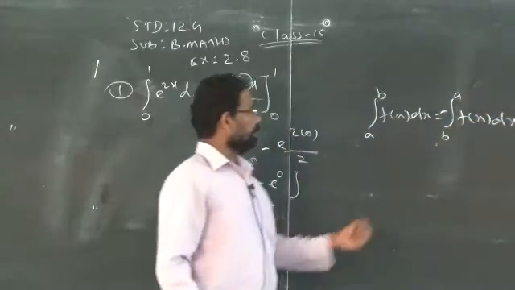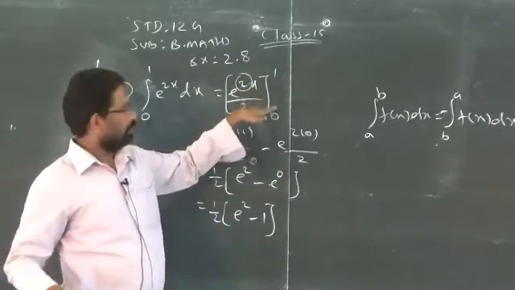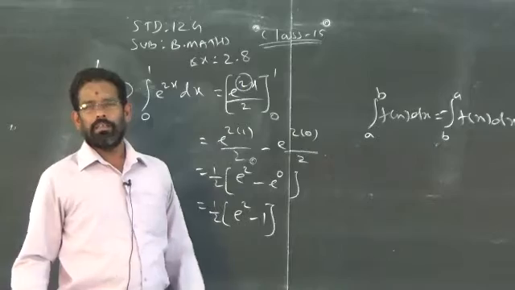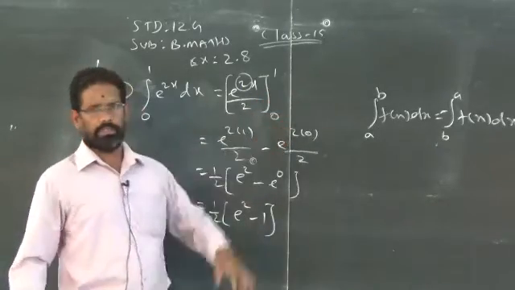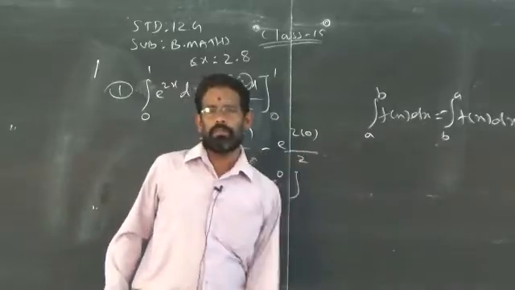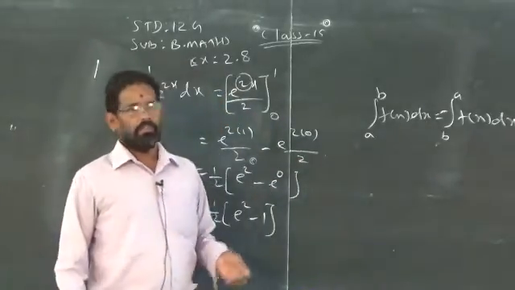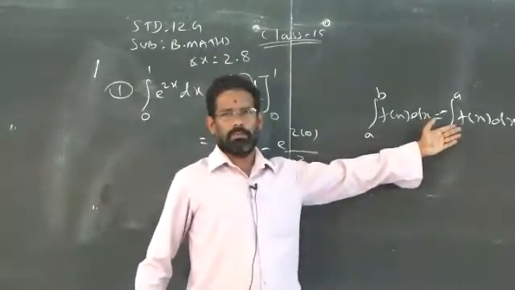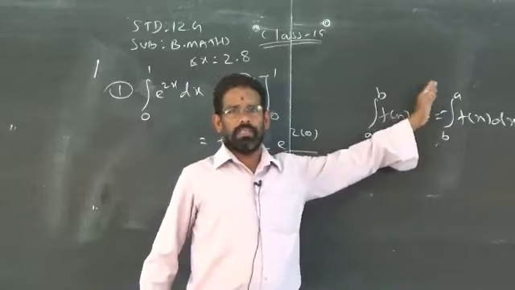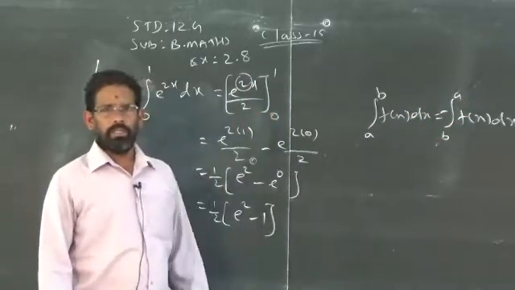So, use this property. You can change when the upper limit is less than the lower limit. If it is so, you have to apply this formula. Upper limits will always be greater than the lower limit. When the lower limit is greater than the upper limit, then you have to apply this format. Just interchange the limits, then the whole integral turns negative. Are you clear now?